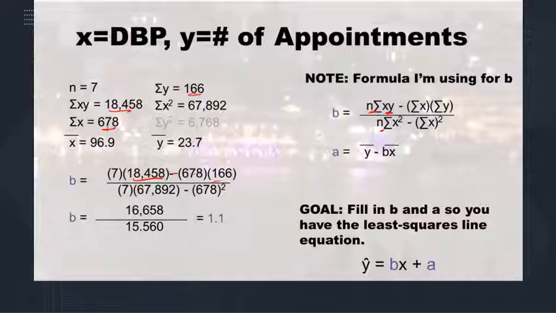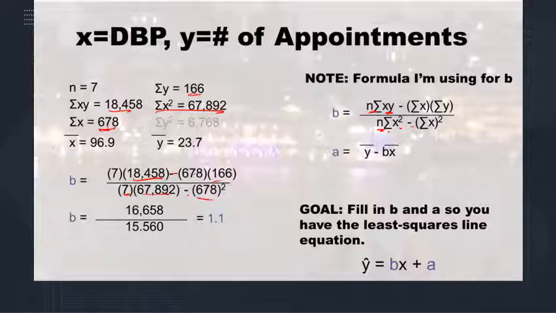Now let's focus on the denominator. Like I said, we have our 7 here for your n, and that's multiplied by the sum of our x squares, which is right here. So we put that right there. Then we subtract the sum of our x's, and we square that.